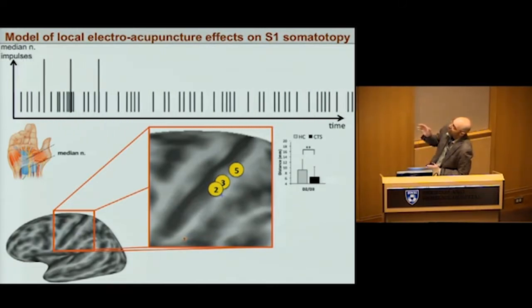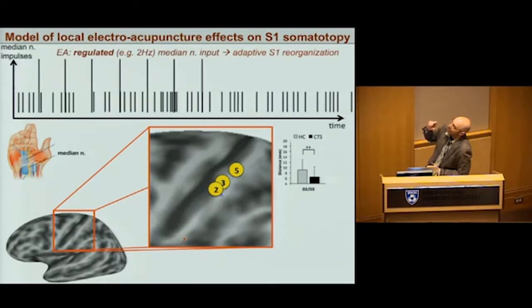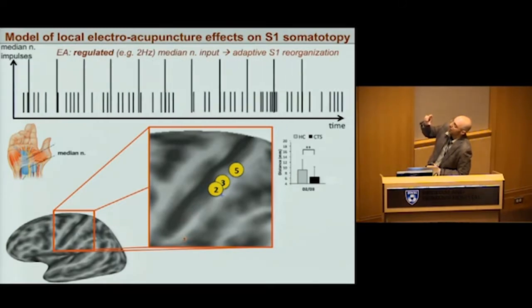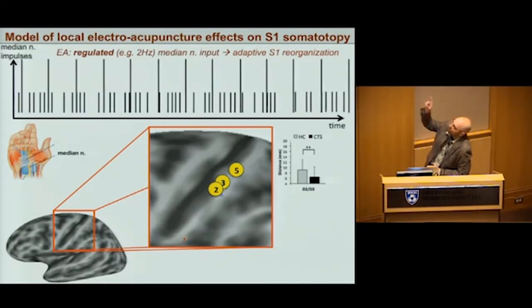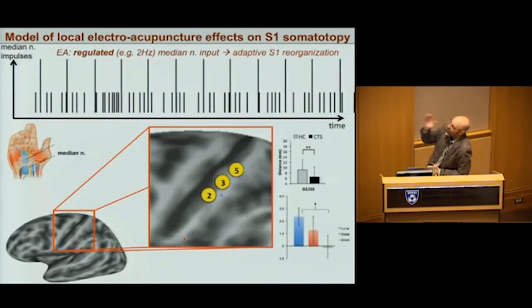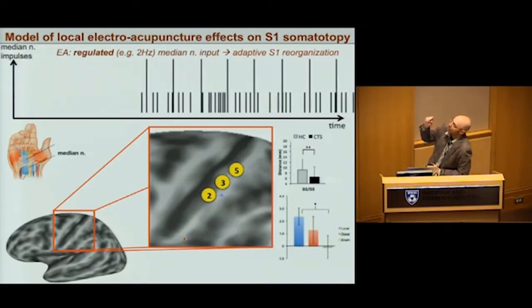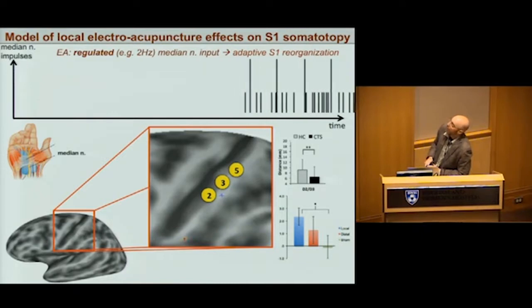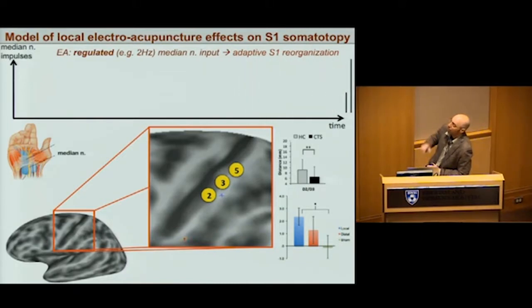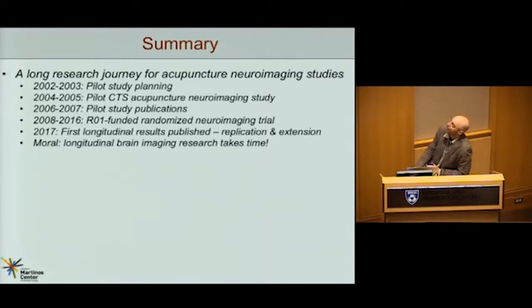And then when we have electroacupuncture, is that overriding this aberrant firing that's happening across the median nerve, and it's this regulated firing that's then serving to increase the D2, D3 separation distance over the median nerve. That's our potential model for what's happening with electroacupuncture.